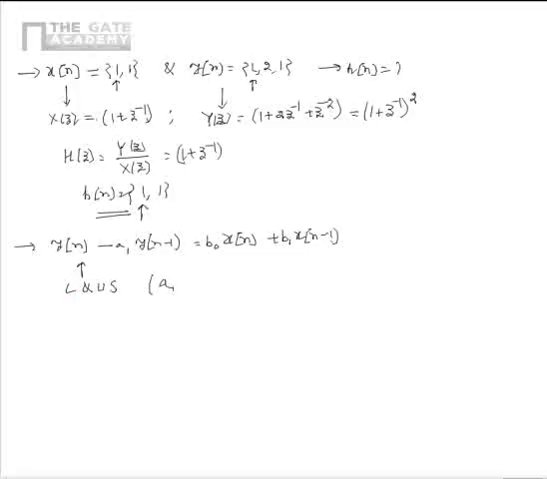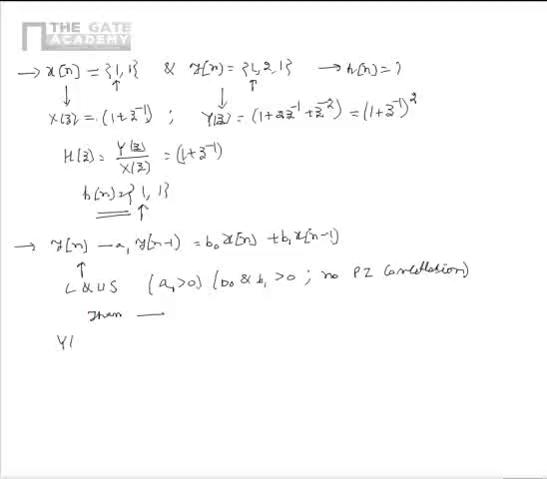It's also given that a1 is greater than 0 and b0 and b1 are such that there is no pole zero cancellation and both of them are positive. We need to find the required condition that needs to be satisfied from the given data.